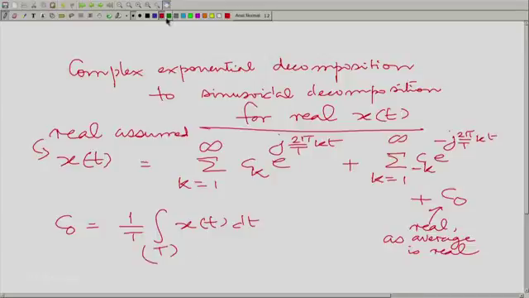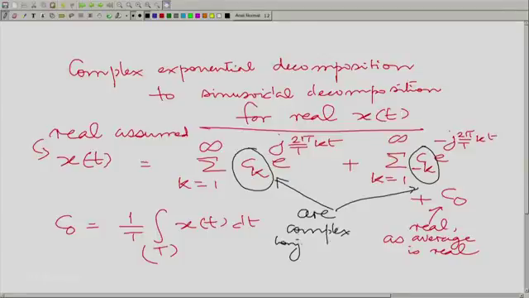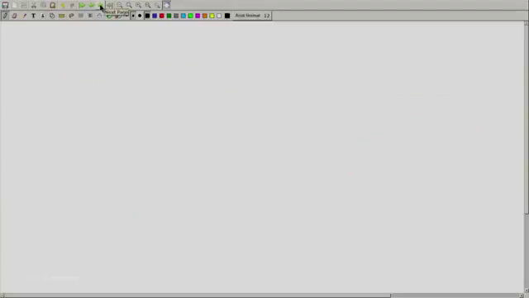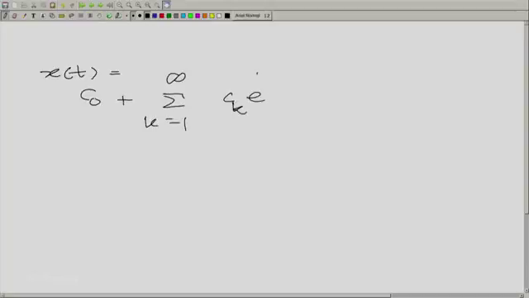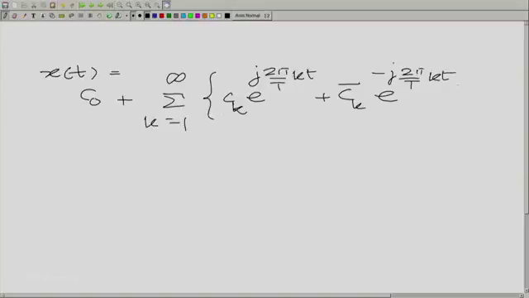Now, we know what to expect for Ck and C minus k. You know that these are complex conjugates, and therefore, let us take them together. So, x(t) is C0 plus summation k going from 1 to infinity Ck e raised to the power j 2 pi by T kt plus Ck complex conjugate and the complex conjugate of that rotating phasor too.